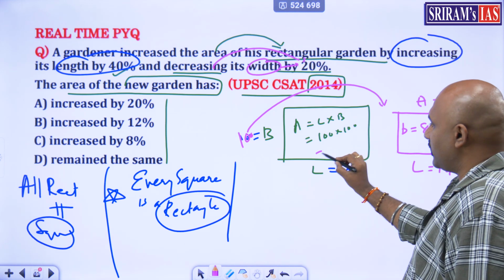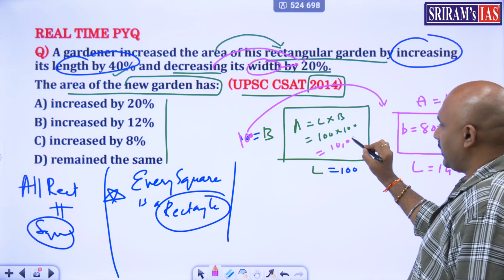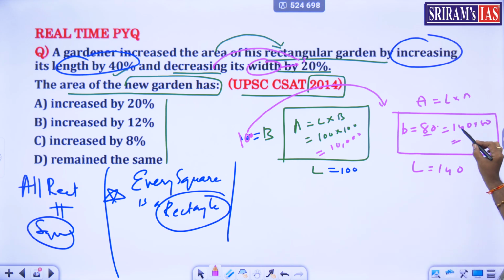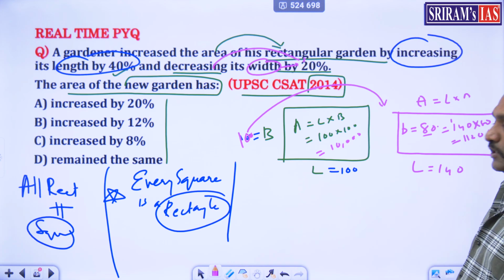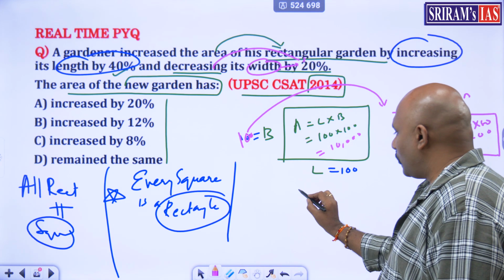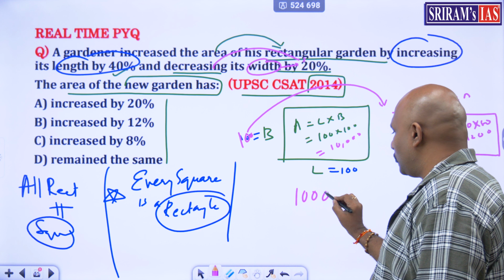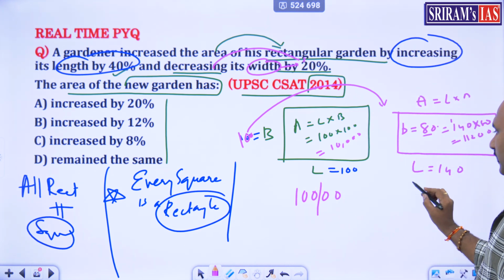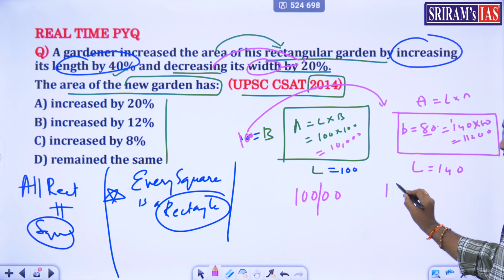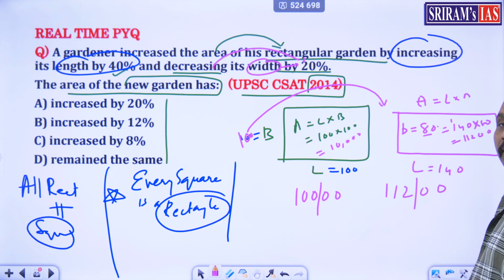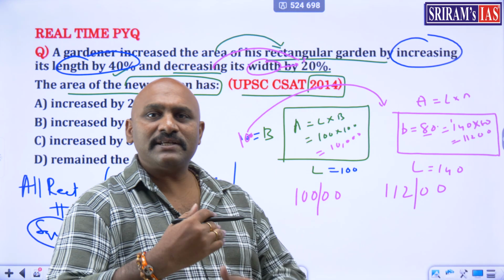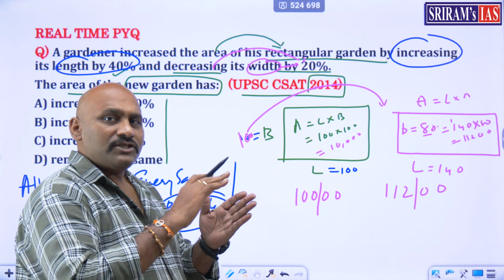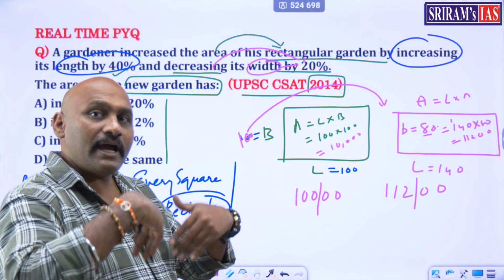Here it is 10,000, and here 80 into 140 is 11,200. If you observe, the original was 100 with 2 zeros, and this has become 112 with 2 zeros. Easy calculation: percentage change is the change over the original area into 100.